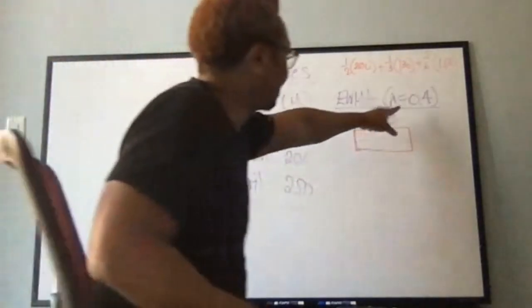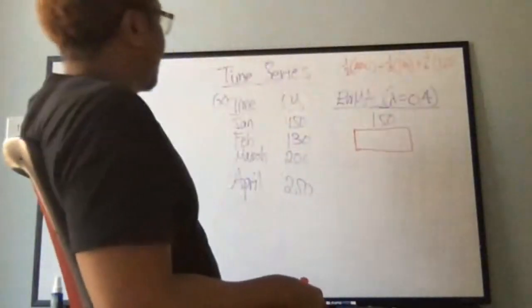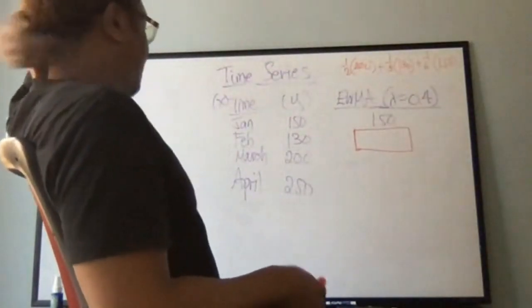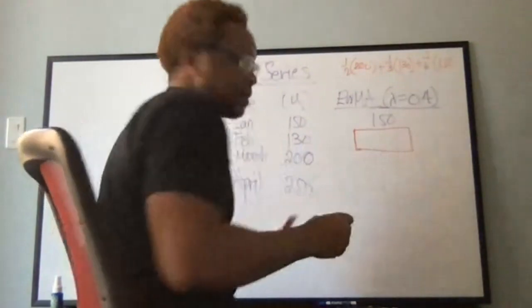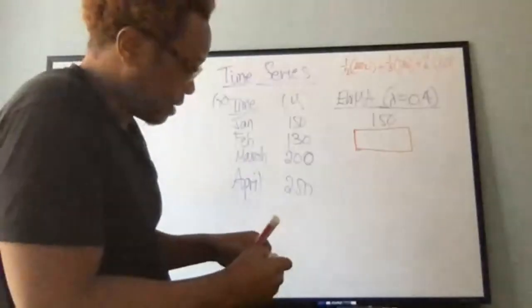Remember, here's my lambda right here, 0.4. How do I get it? Is that lambda YT plus 1 minus lambda EWMA? Yeah, very good.